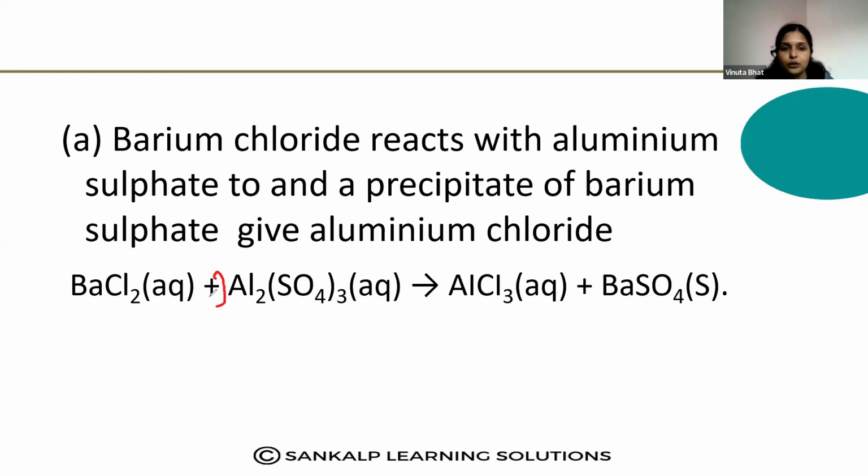I will add 2 AlCl3, then aluminium is balanced, but we have to balance the sulfate. 4 times 3 is 12 oxygen here, so I will add 3 BaSO4. Now sulfate is balanced, oxygen also balanced, but barium is not balanced.